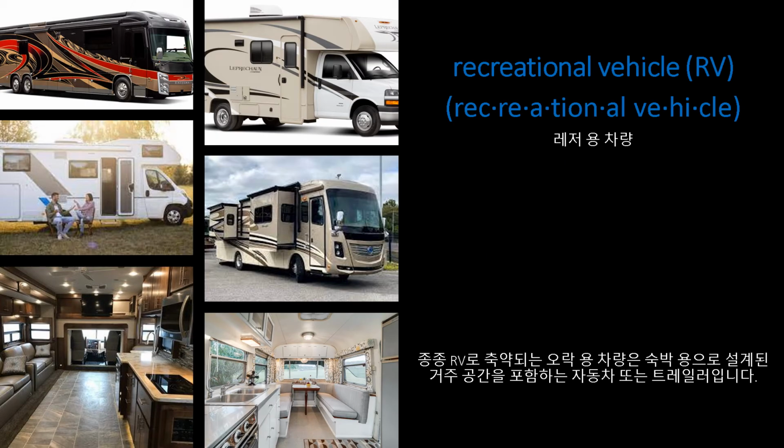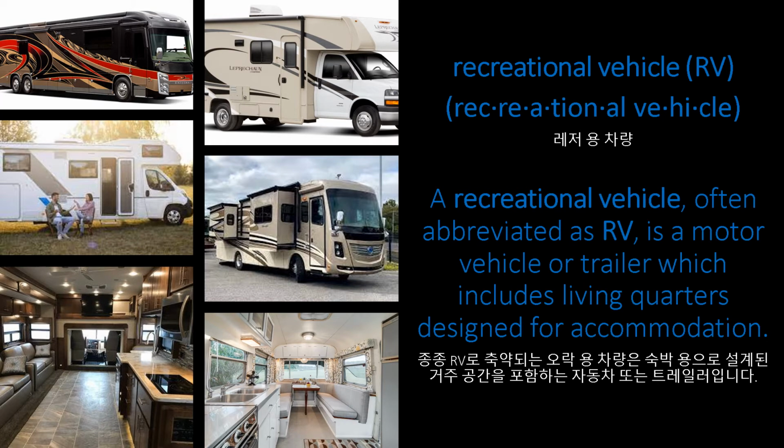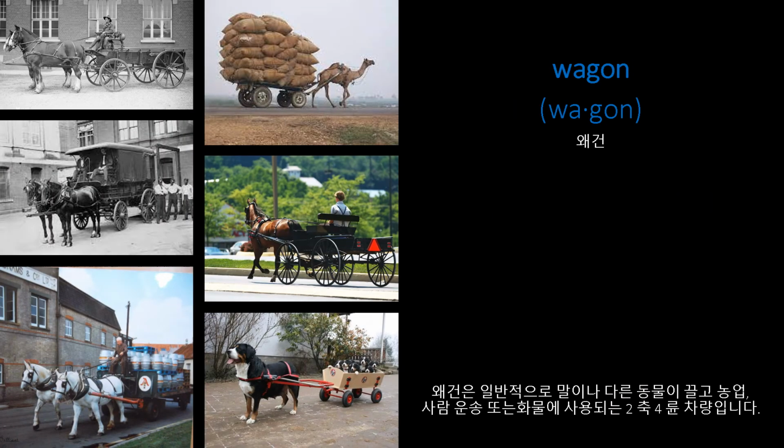Recreational vehicle, or RV. A recreational vehicle, often abbreviated as RV, is a motor vehicle or trailer which includes living quarters designed for accommodation. Wagon.